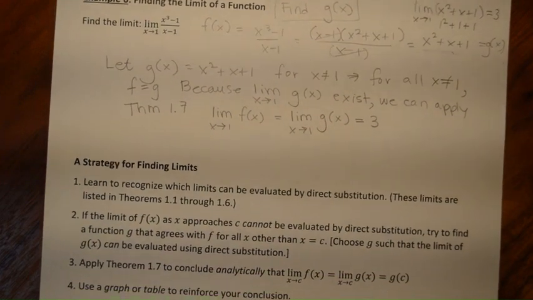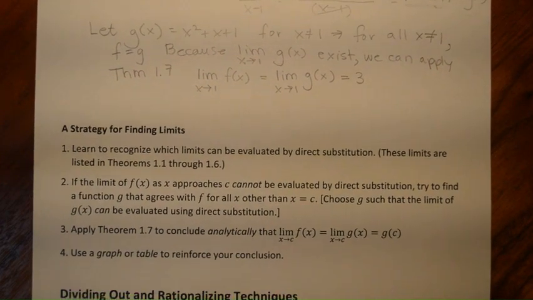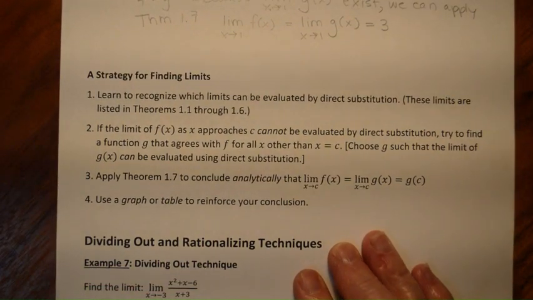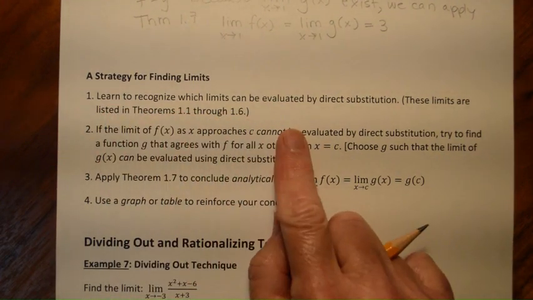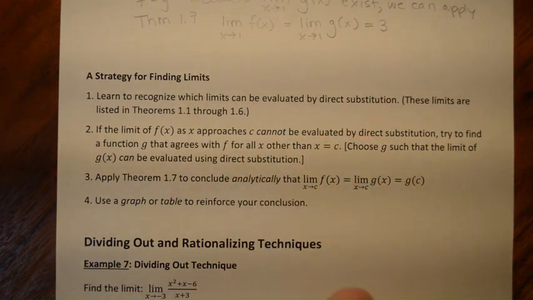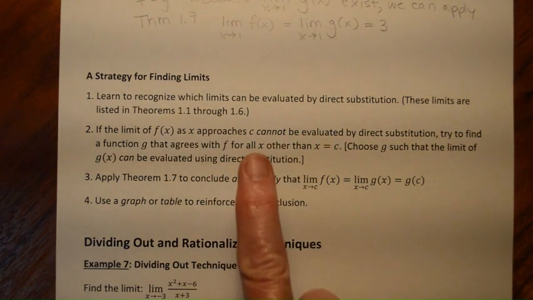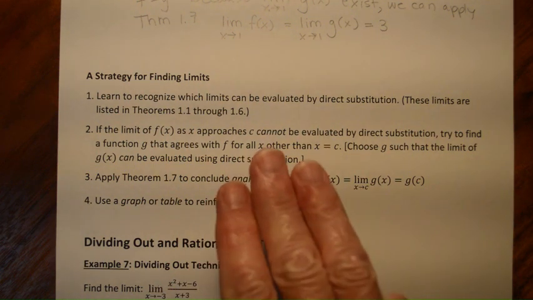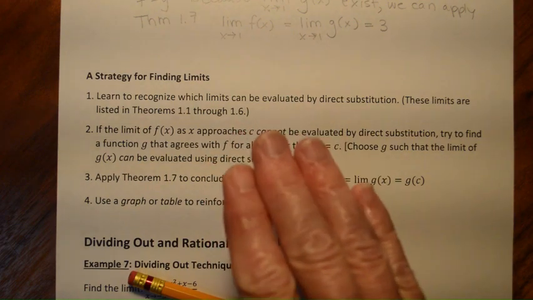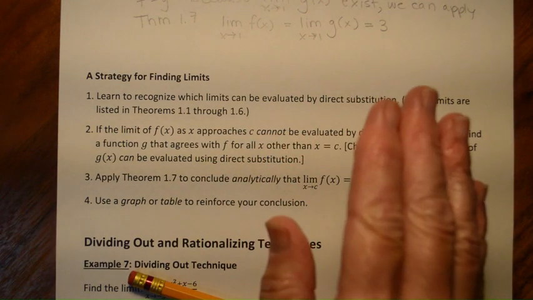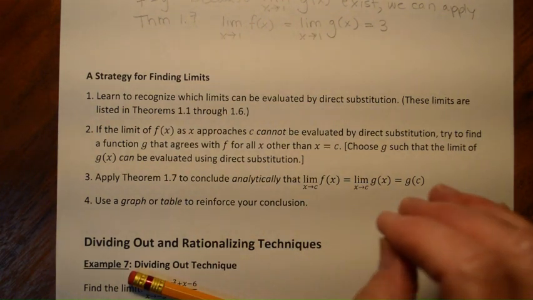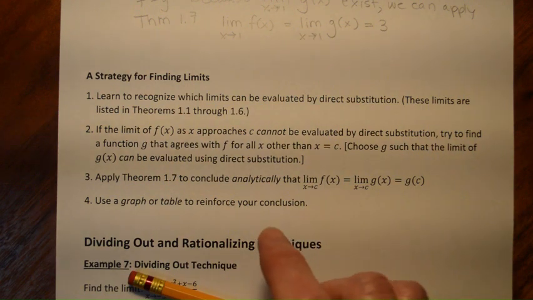Before we do all the techniques that we're going to do, this is just kind of a sneak peek, but let's look at some strategies that we can use. 1, learn to recognize which limits can be evaluated by direct substitution. Those are the ones that I keep going through: any power of x, any polynomial, any rational function as long as the denominator is not 0, any radical function as long as we don't put anything under an even index that's going to be negative under there.